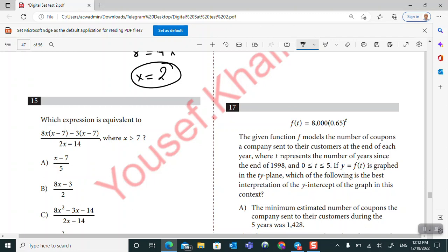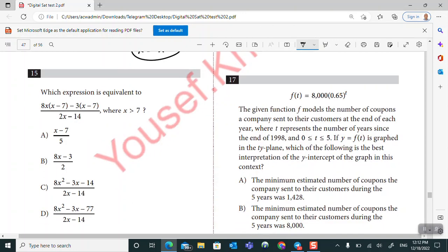Which expression is equivalent to 8x times (x minus 7) minus 3 times (x minus 7), over 2x minus 14? Here, simply notice that we can take a common factor 2 in the denominator.